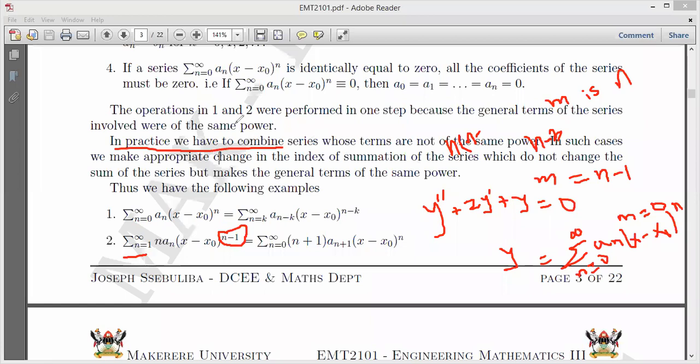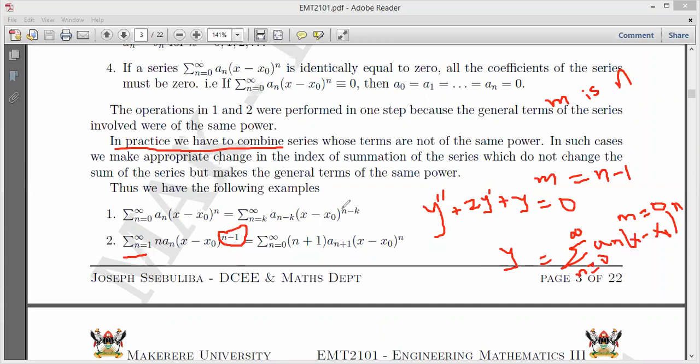So we are now summing series that are not the same with the powers. That's what we are trying to mention here: in practice, if you're summing series whose terms are not of the same power, then the question is, how do you go? In this case, we make appropriate changes in the index of summation.